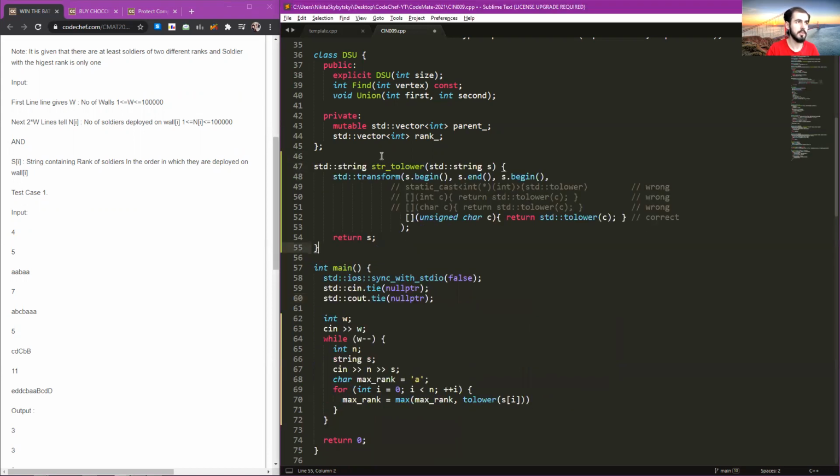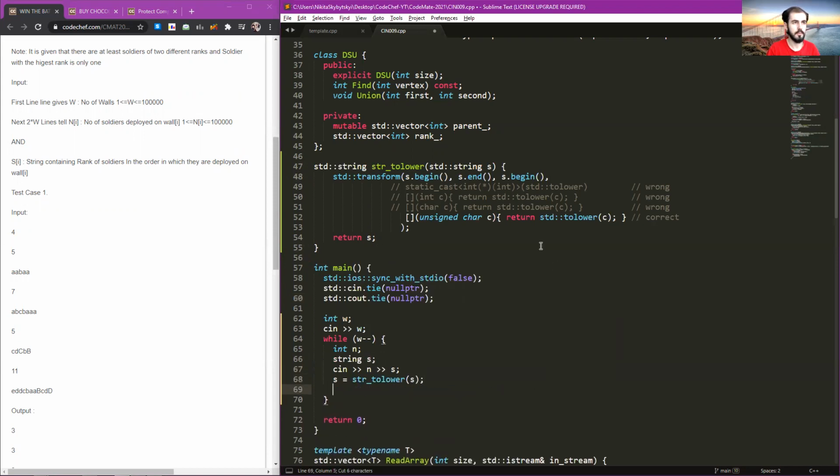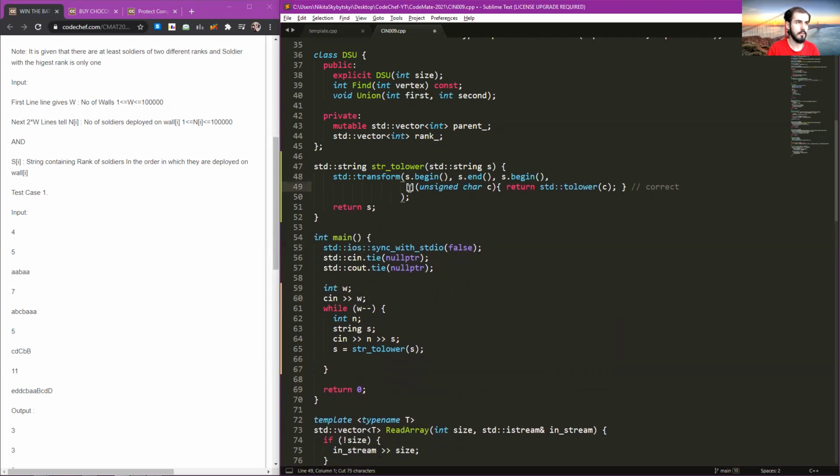Oh, thank you, CPP reference. Because now I got the power. Not exactly like this. My stuff. So, element.